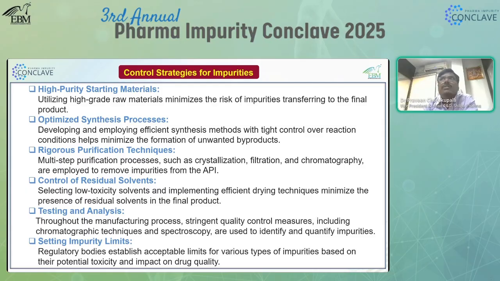If an unknown impurity is present at a level higher than the unknown impurity level, the question will always be asked about that impurity, and at that time you will face difficulties in identifying the impurity and establishing the control strategies.